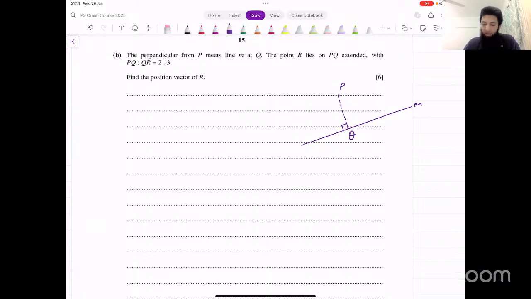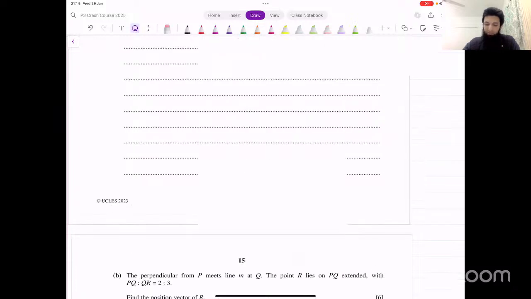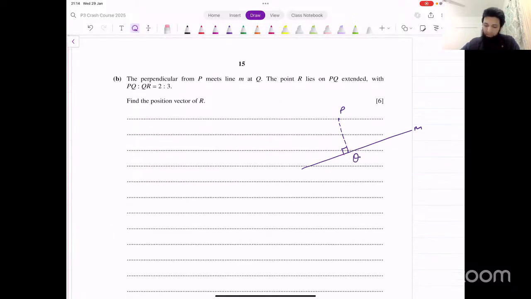The point R lies on PQ extended. What does that mean? If I were to extend PQ, R lies on this extended line such that PQ ratio QR is 2:3. What do we understand from that?